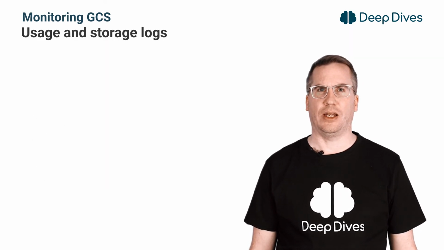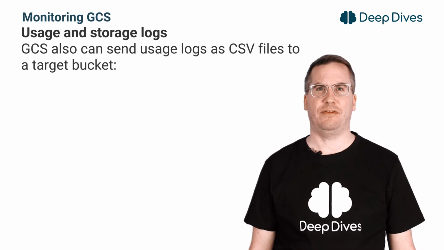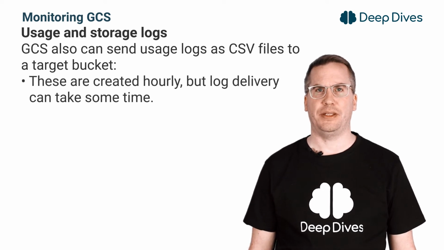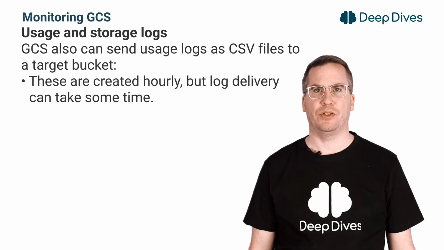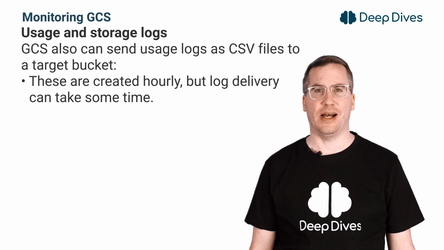Besides using Cloud Audit Logs, GCS can also send usage logs as a CSV file to a target bucket. The usage logs are created on an hourly basis. However, log delivery can take some time, so the actual timestamp when the log is available is not known before it's there.